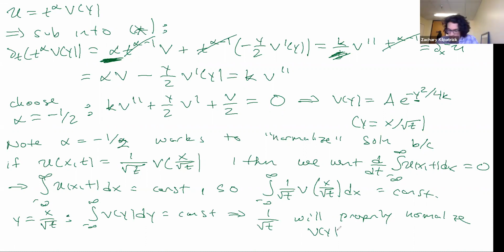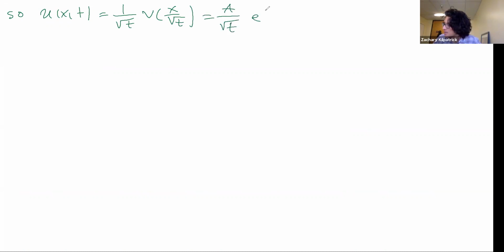So at the end of the day, what we have then is a form for our general solution, which is that u of x,t is equal to 1 over square root of t, v of x over square root of t. And this is equal to a over square root of t, e to the minus x squared over 4k t.